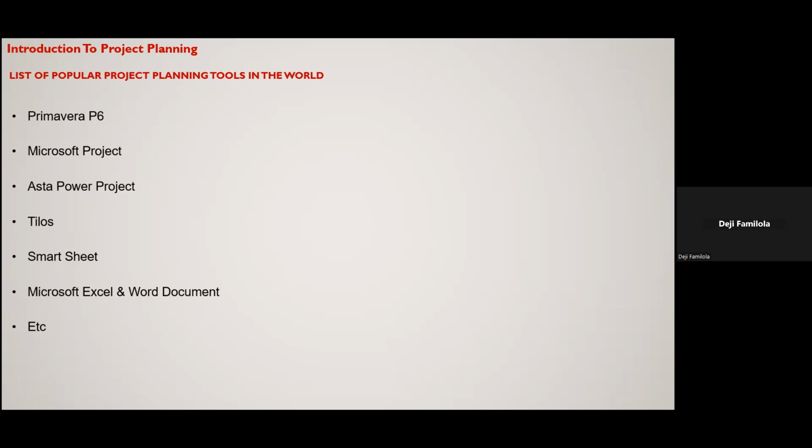So it helps them a lot, and they use it in conjunction with some other software. Asta Powerproject is a very popular tool when it comes to building construction. You see developers, most of the building constructions, they use Asta Powerproject. Microsoft Project is popular as well.